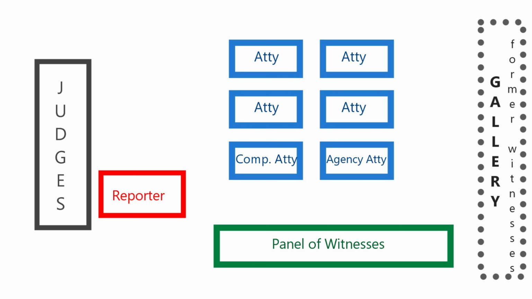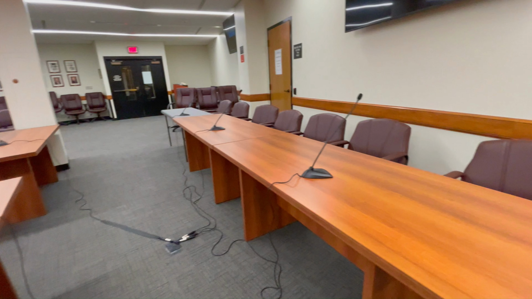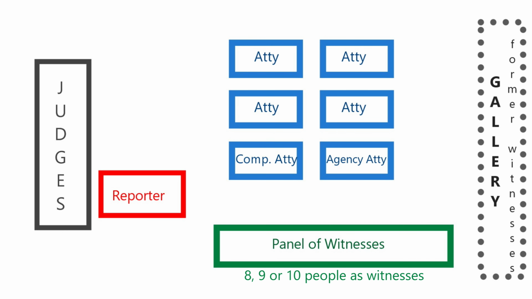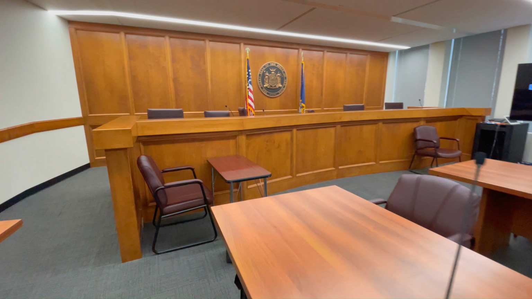And the green box represents the panel of witnesses, which could be 8, 9 or 10 people sitting over 3 desks, responding to questions raised by the attorneys. I would recommend turning your desk 90 degrees or at least 45 degrees to be able to see everybody, including the witnesses, to know who is speaking.